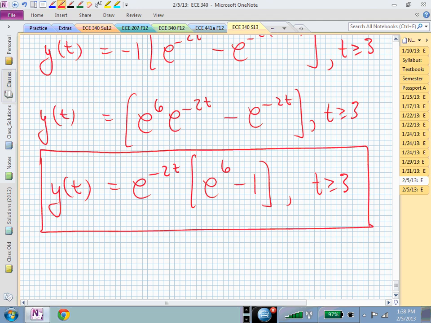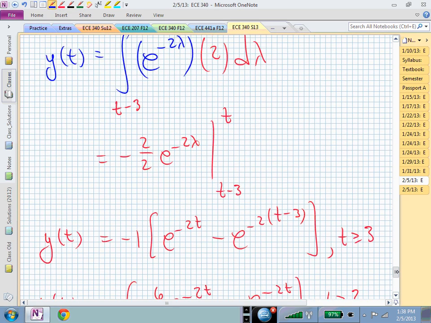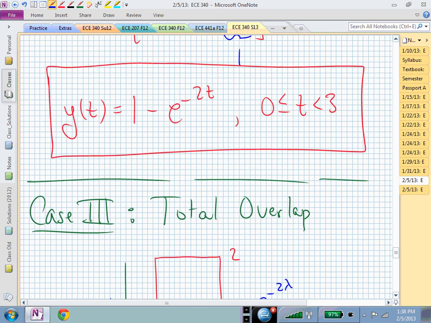Now we can more accurately sketch this. Now we know what it's doing functionally for all time. What is it for t less than 0? 0. Then what's the largest magnitude we are going to reach? 1, isn't it?